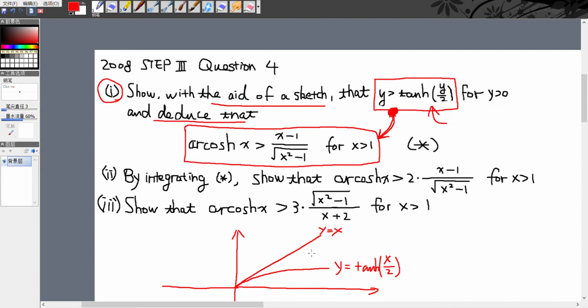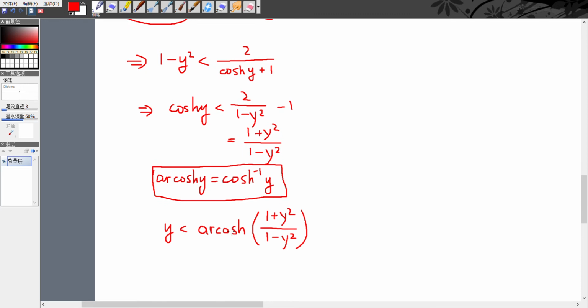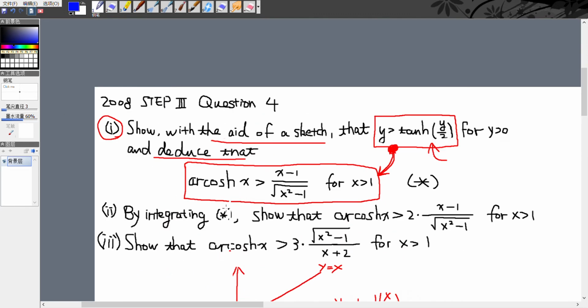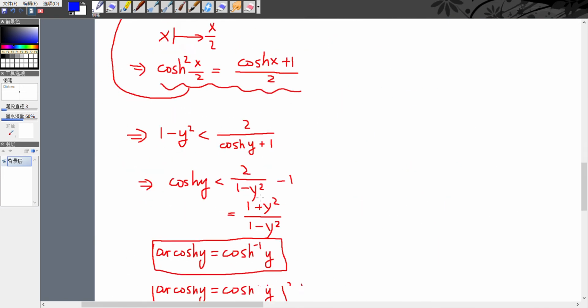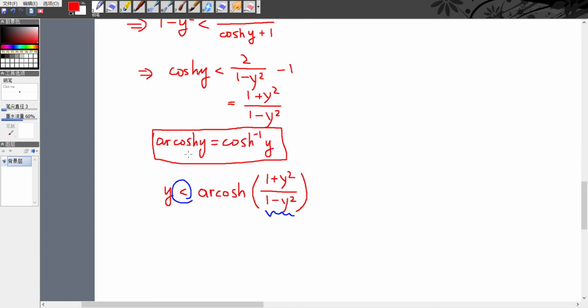And I think we have the right sign of inequality. The sign we want is just this sign, which is the same as this. But the term that is comprised in the arccosh term is not very optimistic in terms of solving this question.